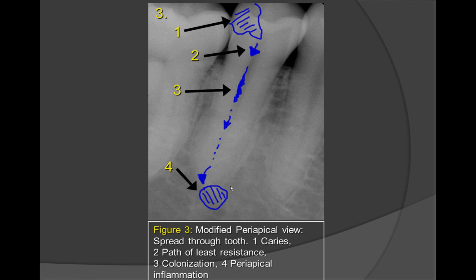Now, there's a continuum between periapical inflammation that occurs with an initial infection and eventual formation of a periapical granuloma. And imaging-wise, it's often hard to tell whether there's an active infection or whether or not a granuloma has developed.